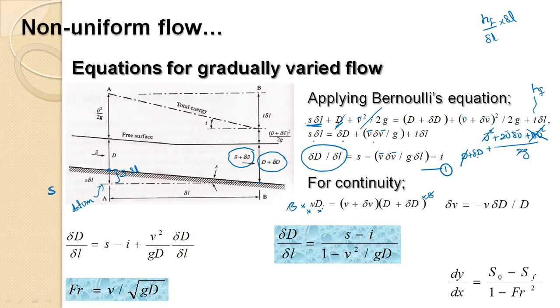So V bar into D should be equal to V bar plus delta V into D plus delta D. Similar to the previous one, I can expand this: V bar D plus V bar delta D plus delta V bar D plus delta V bar delta D. Since delta V and delta D are small quantities, second order quantities can be ignored.